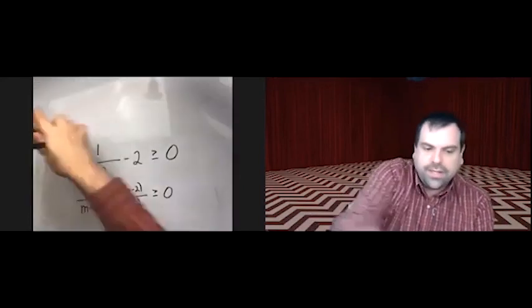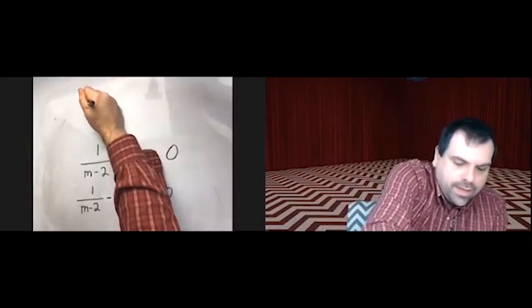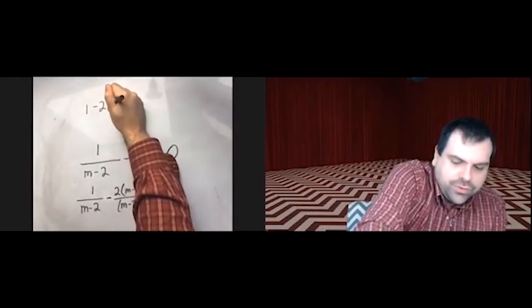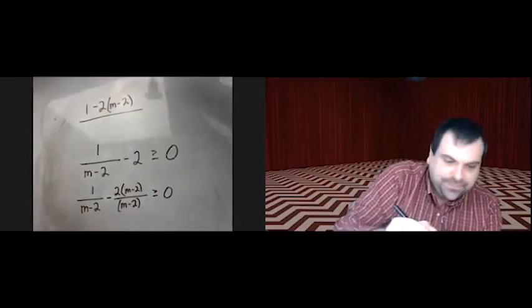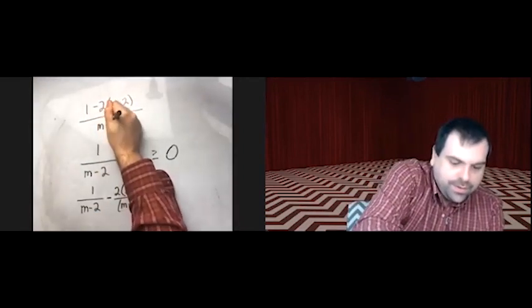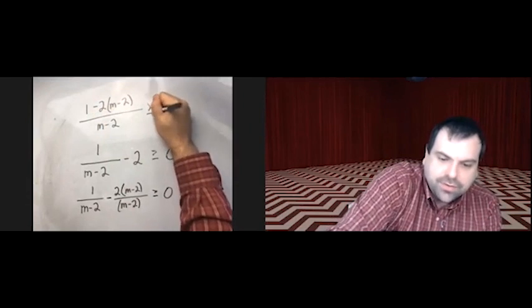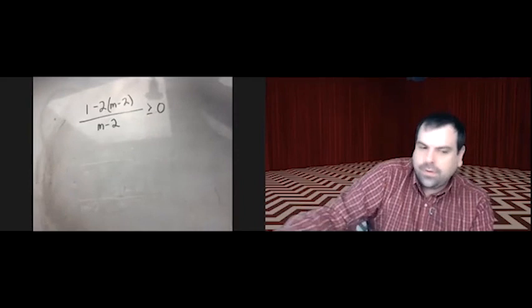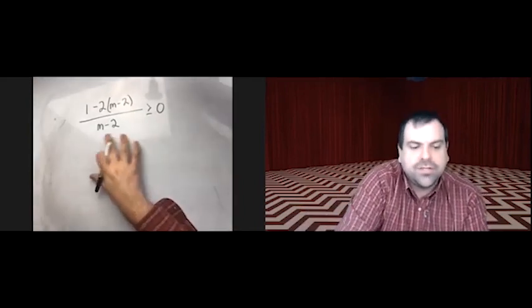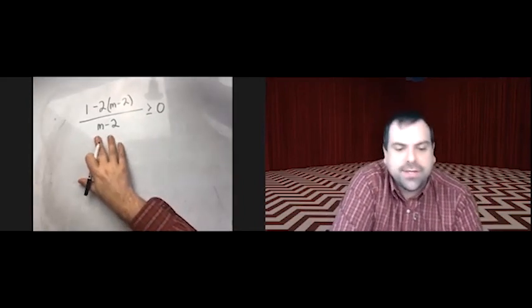So if I want to rewrite this, I have 1 minus 2 times m minus 2, all over m minus 2, greater than or equal to 0. I just subtracted 2 fractions with a common denominator, that's all.